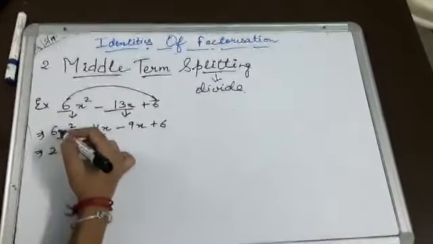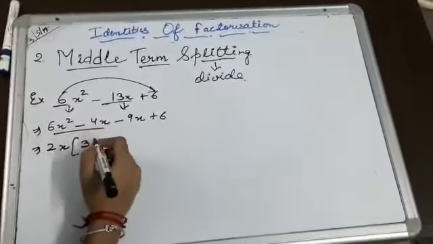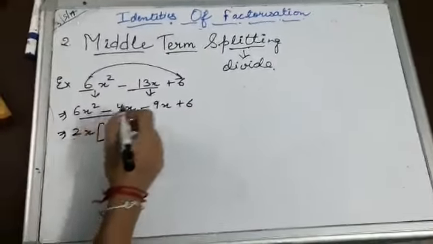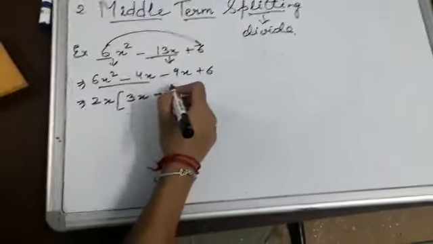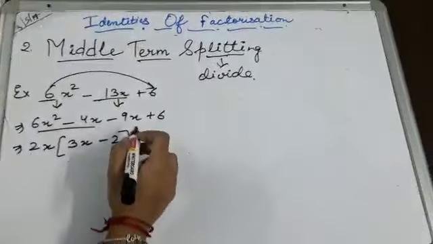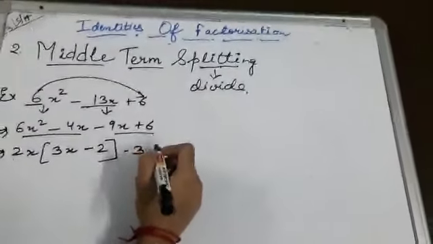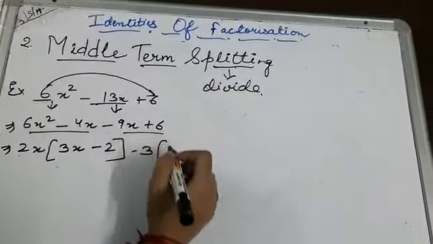In the table of 2, 6 comes 3 times, and from x square, x comes, the number left is x. And in the table of 2, 4 comes 2 times, x is already there, so we don't take x. Then the number common in both these terms is 3, x is not common, so the number left is 3.